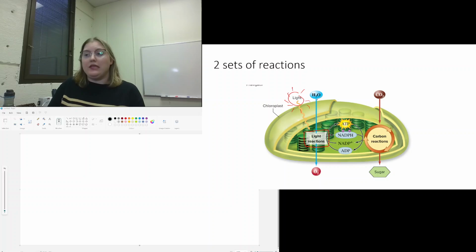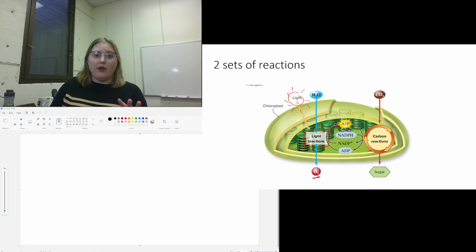It's getting captured in these light reactions, and we are producing our oxygen here. This water is going to be donating, it's going to be involved in the electron transport chain. We get our electrons, they pass through, and we get our oxygen from there, but we also get ATP from there. So our ATP, our energy molecule, is coming out of the light reactions, okay?